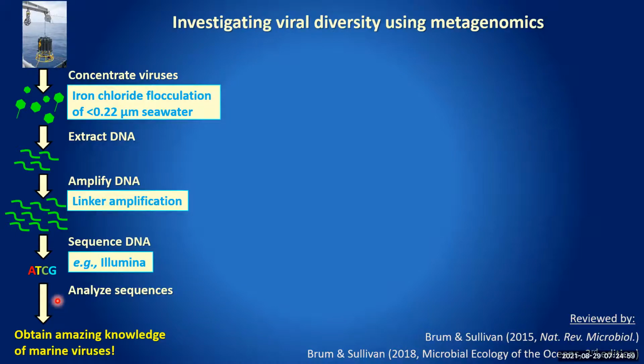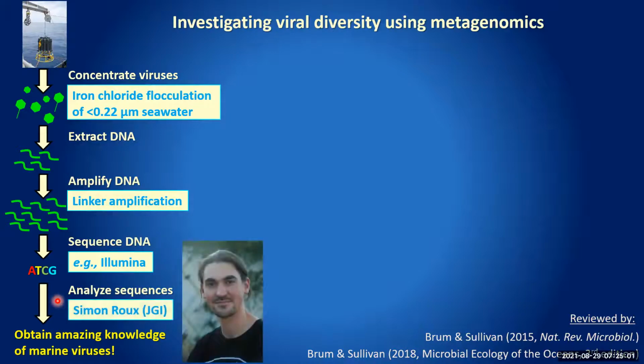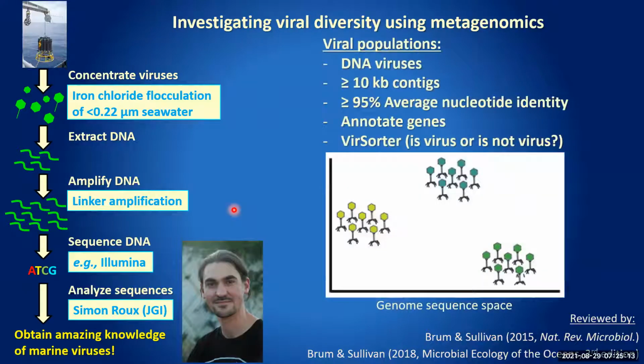And my favorite way to do that is to work with Simon Roux at the Joint Genome Institute. So hi, Simon. One of the most important things that's happened to help us analyze these sequences is that we now have definitions for viral populations. So that means that if I look at the genome sequence space of all the different viruses in a sample, I see that they can sort of cluster together.